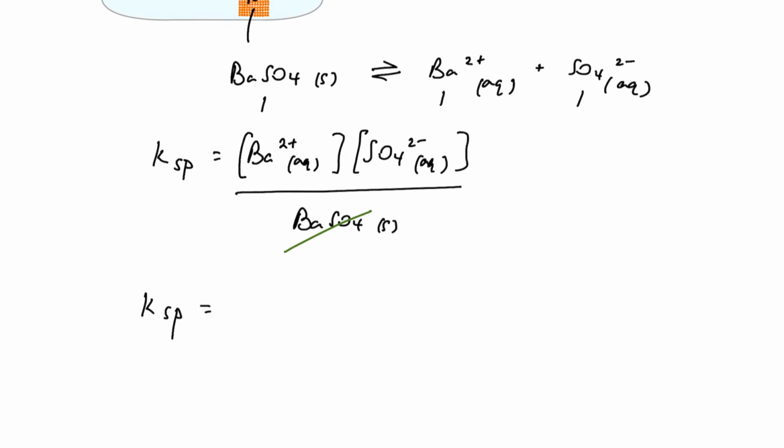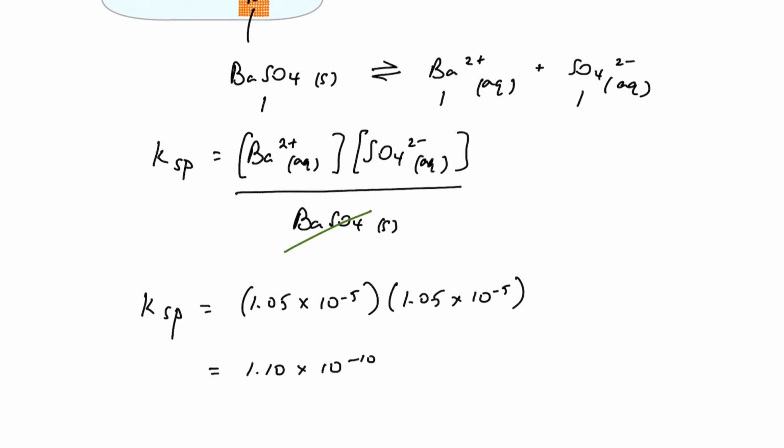So 1-to-1 ratio, concentration of the barium ions in solution at equilibrium is 1.05 times 10 to the minus 5. As is the concentration of the sulfate ions, as I said, 1-to-1 ratio. And when you plug that into your calculator, that comes out at 1.10 times 10 to the minus 10. And the units in this case, mole squared dm to the minus 6.